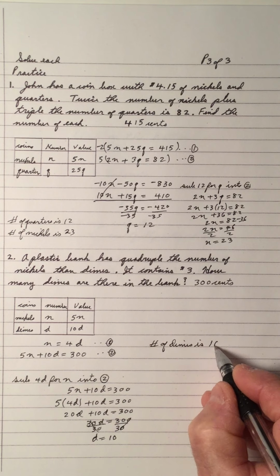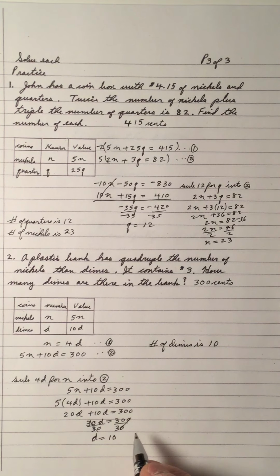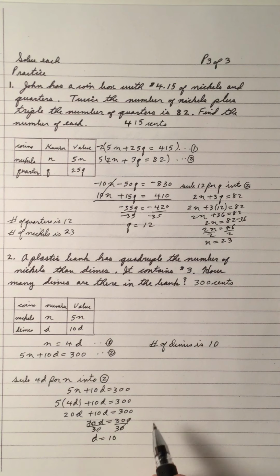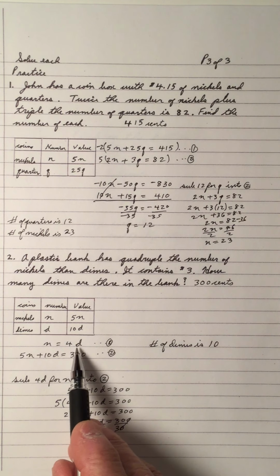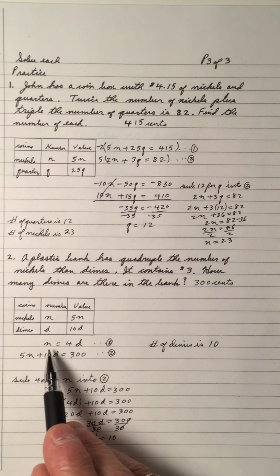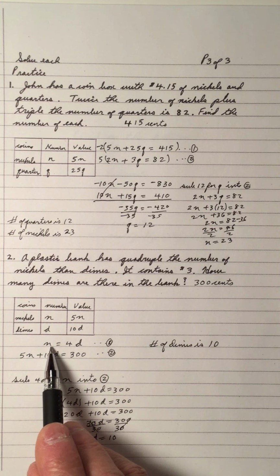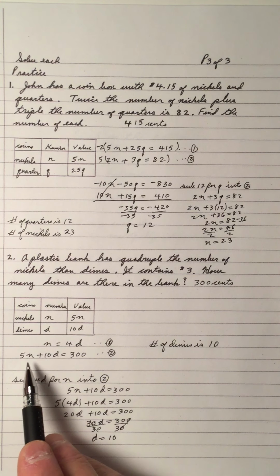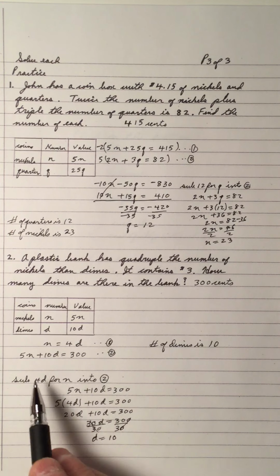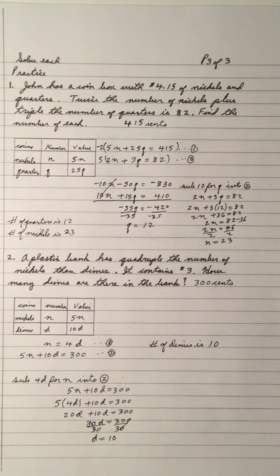If you want to get the number of nickels and check it out, go ahead. The number of nickels would be 4 times 10, that would be 40. If you put a 40 here and a 10 here and work it out, you should get 300.